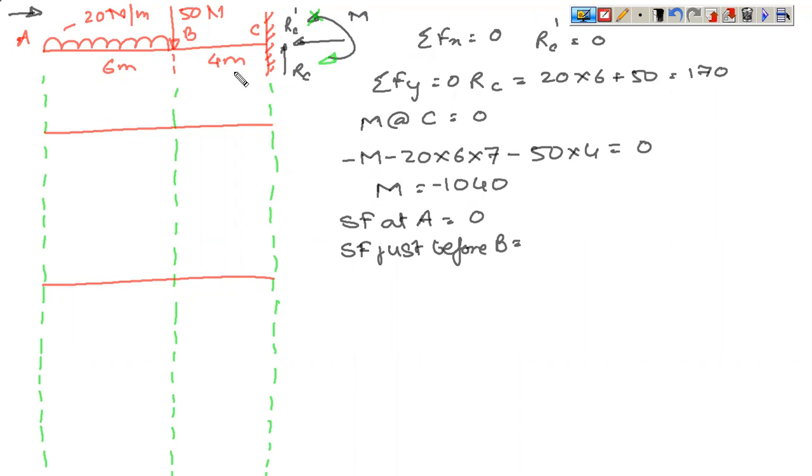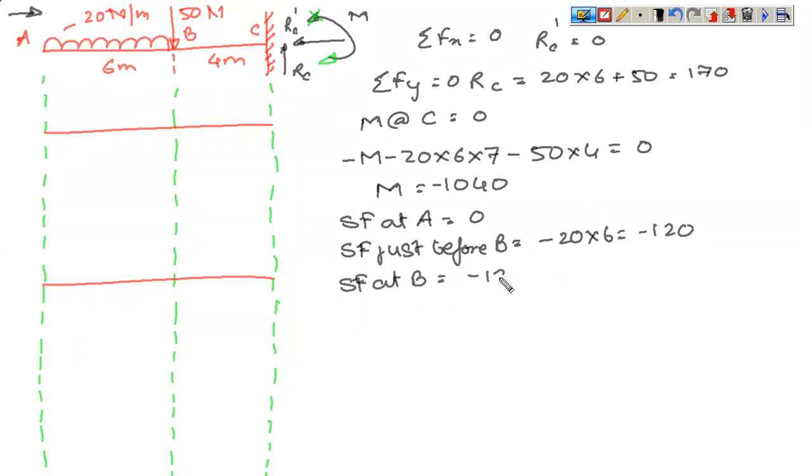The concepts, whatever they were in a simply supported beam or any other beam, remain the same. This is only for example purposes that I am clarifying it to you. So SF just before B is minus 20 into 6, which is minus 120. Why minus? Because it is acting in the downward direction, and the sign convention says that it will be negative.